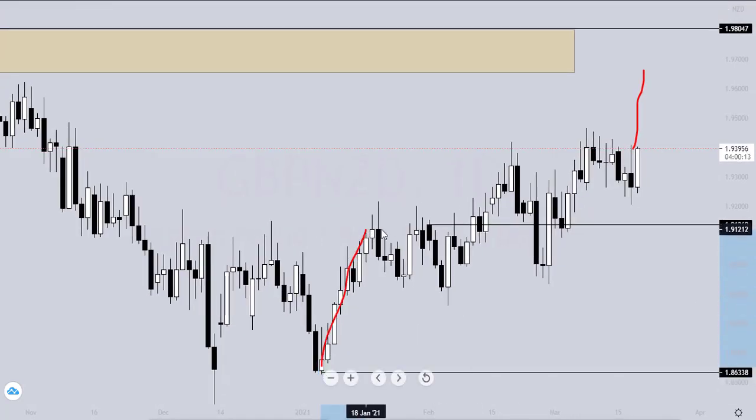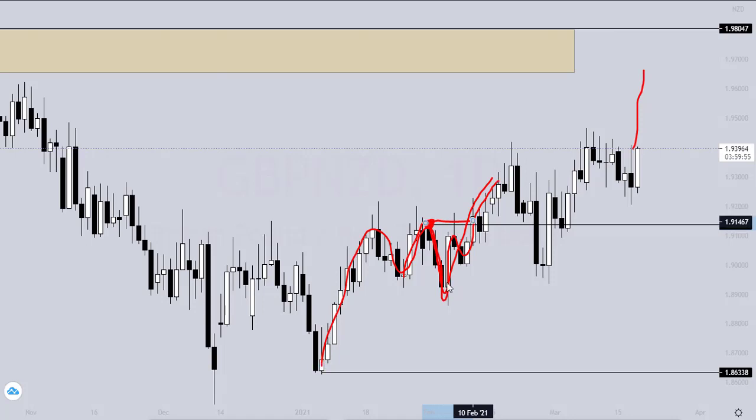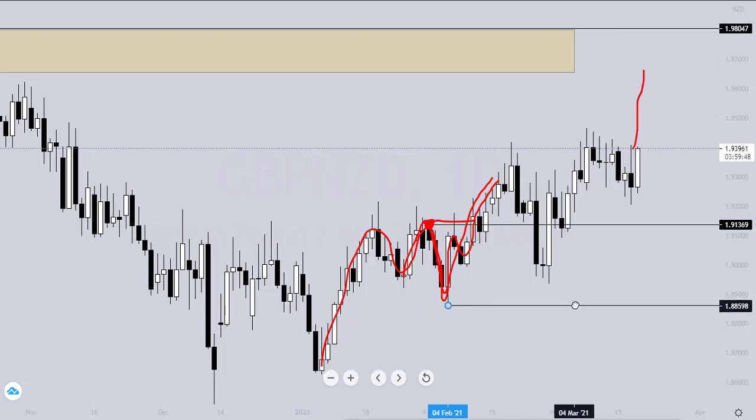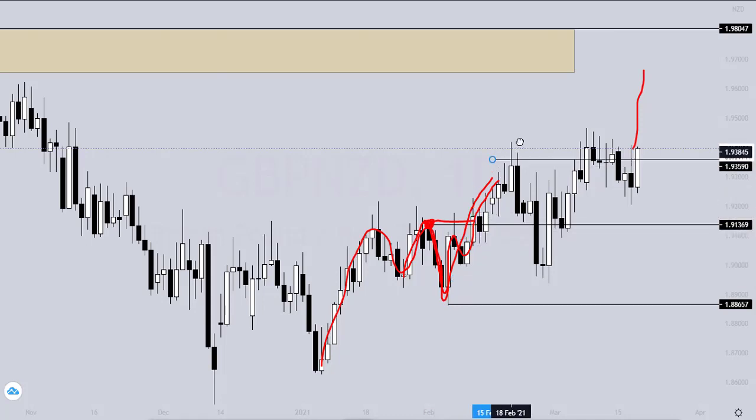Let me show you something. The structure high is broken here. So we have a high, we have a low. The structure high is broken here. After the structure high being broken, my trading range was going to be from this low to this high, right?